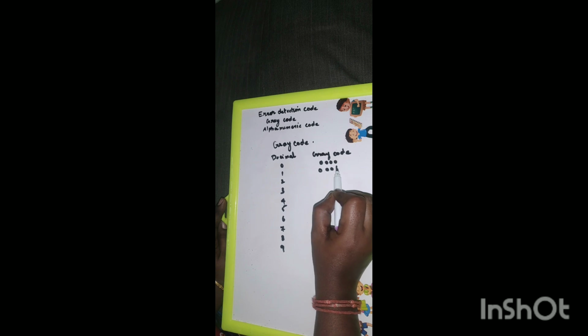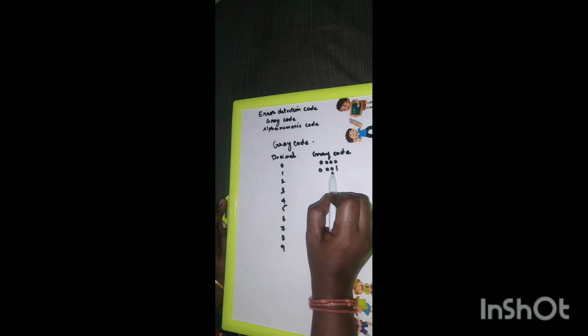For 2, we already have a 1 in the least place. If we change that 1 to 0, it will become the gray code for 0. So we should shift to the next higher position. Here in the second position we have 0. We should change this 0 to 1.